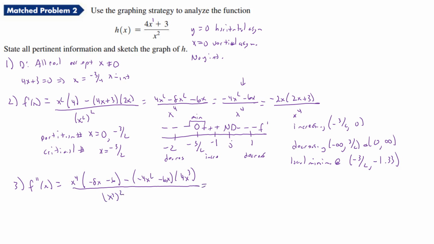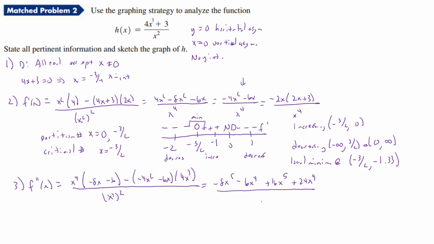All right, so now let's get that all sorted out. So that's going to be what? That's going to be a minus 8x to the fifth minus, and then 6x to the fourth. And then what do we have? Minus the minus is going to be plus, and 4 times 4 is 16x to the fifth. And then we have, again, it's going to be minus minus, so it's going to be plus, and that's going to be 24x to the fourth.